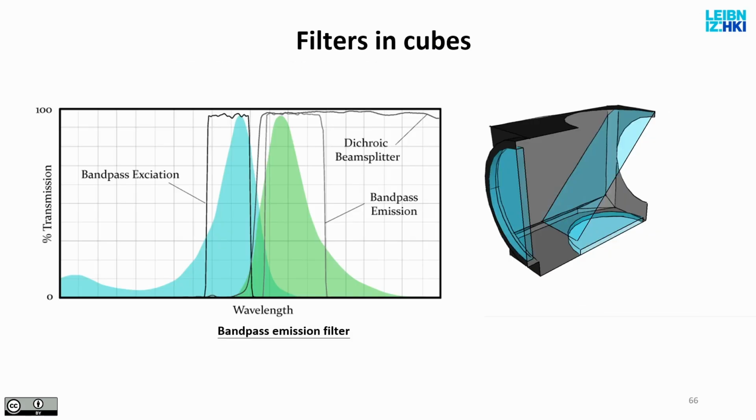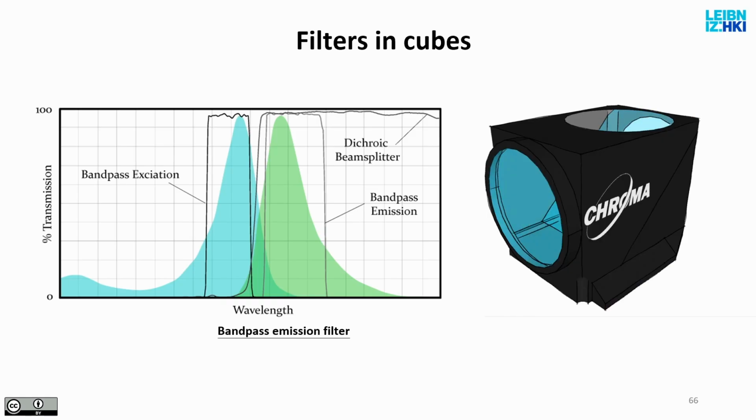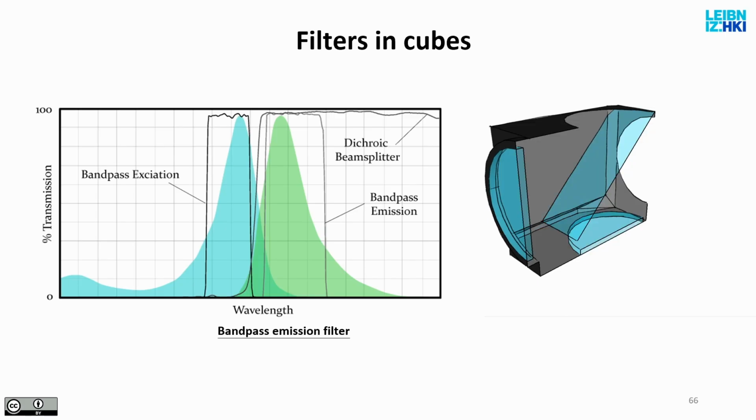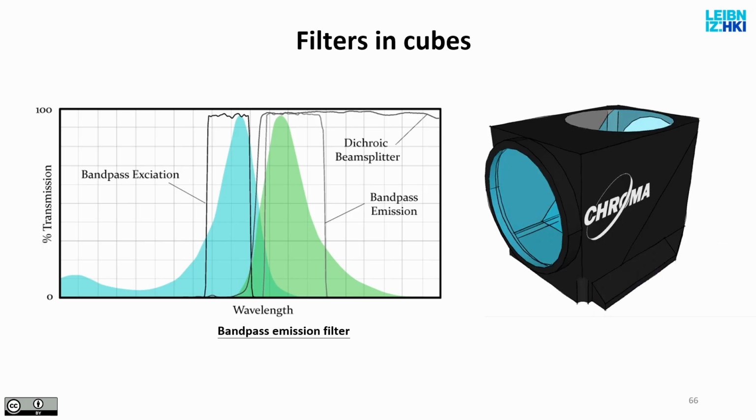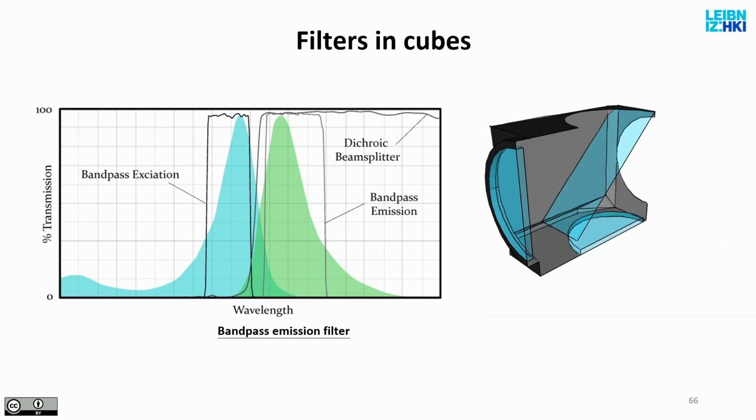And that's what they look like. Inside, there is an excitation filter, an emission filter, and a dichroic mirror. The excitation filter will select this wavelength range, the emission filter will select this wavelength range, and these are designed based on knowing these spectra, excitation and emission.